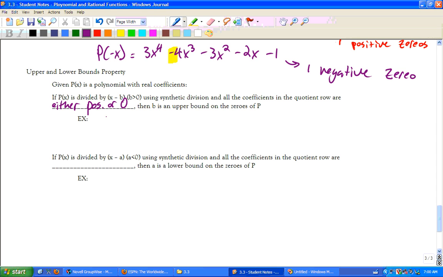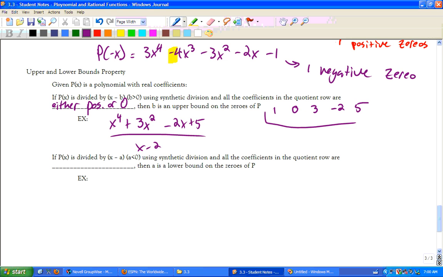For example, if we were to take the function x to the fourth plus 3x squared minus 2x plus 5 and divide it by x minus 2, we use synthetic division, say 1, 0, 3, negative 2, 5, put our 2 out front, 1, 2, 2, 4, 7, 14, 12, 24, 29.